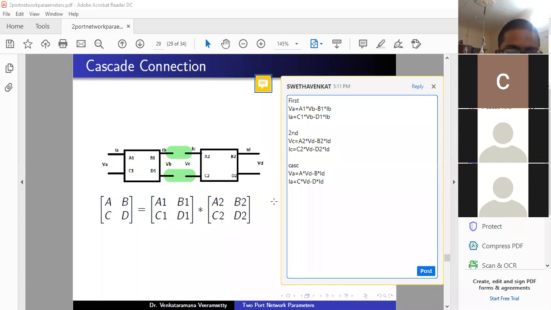Now, what is the relation between these voltages and currents? Can I write VB equal to VC, and can I write IB equal to minus IC? Are you okay?